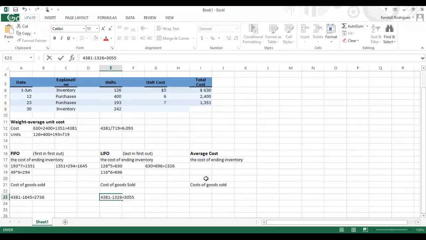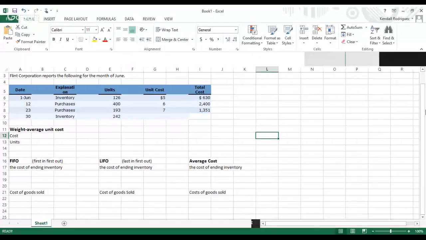With average cost, there's 242 units left. And then we multiply that by the weighted average unit cost that we got in the first problem, 6.093. And when you put that out, it came out with a weird decimal, and then you have to round. On all of these bottom ones, the second part, part B, they want you to round to the nearest whole number.